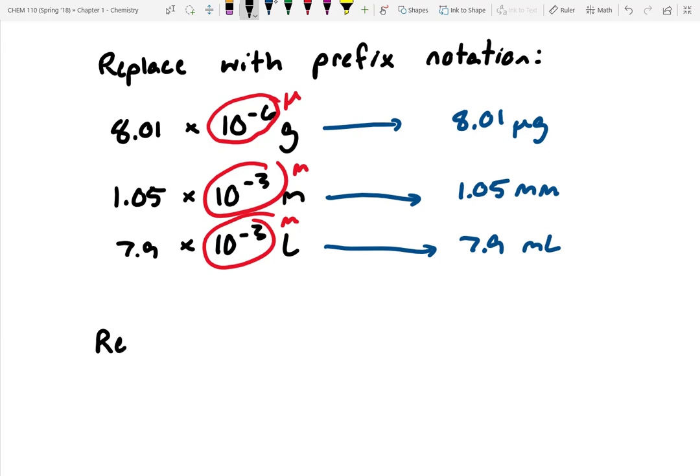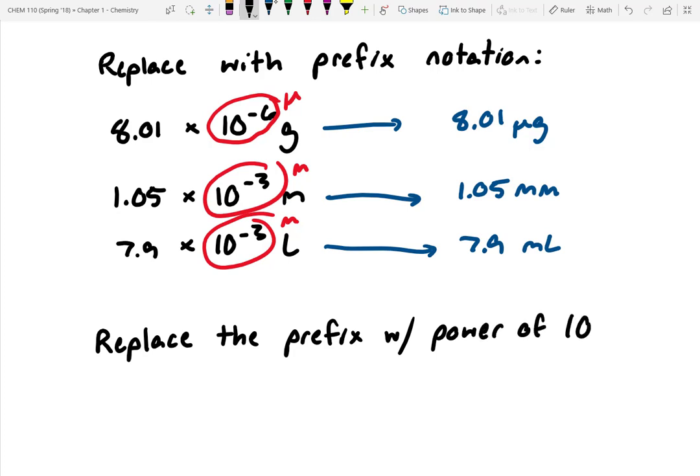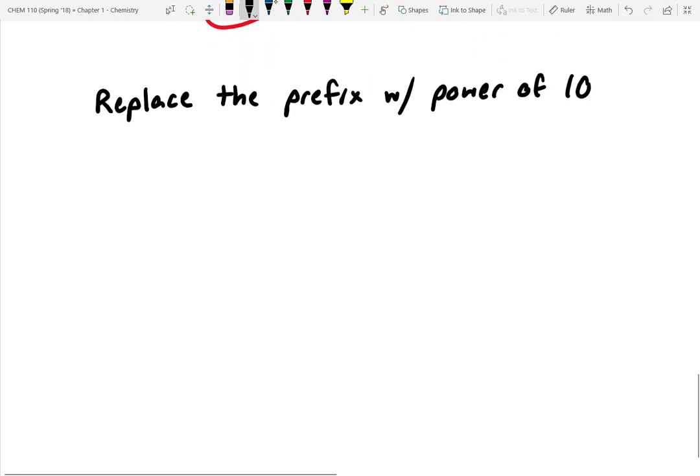So this time we're going to replace the prefix with the power of 10. I'll give you a few examples. First one, we've got 45 milligrams. Next one, I've got 125 nanoseconds.